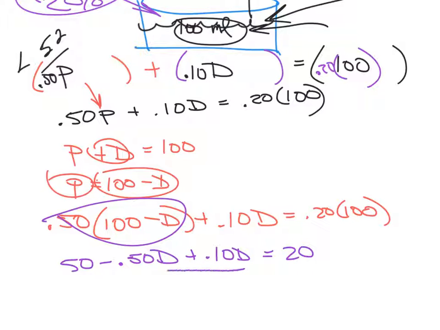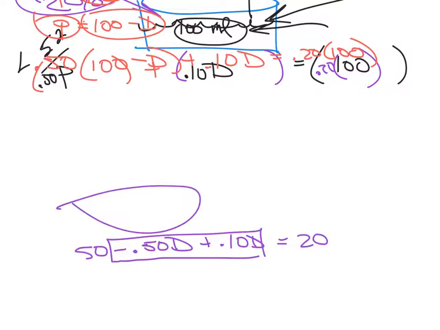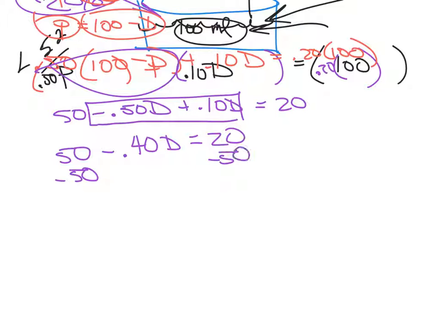Now I'm going to combine those right there. So let's go ahead again and move some stuff out of the way since the purple is all I care about. So I have 50, and if I combine what's in the box there, I'm going to get minus 0.40D equals 20. Subtract 50 from both sides because I'm trying to get D by itself.